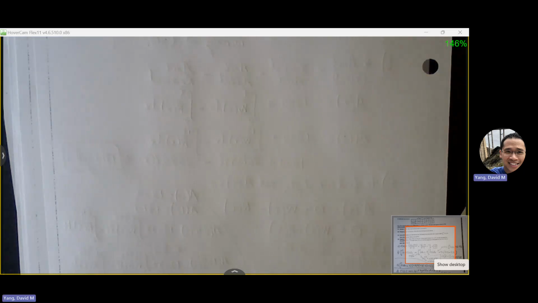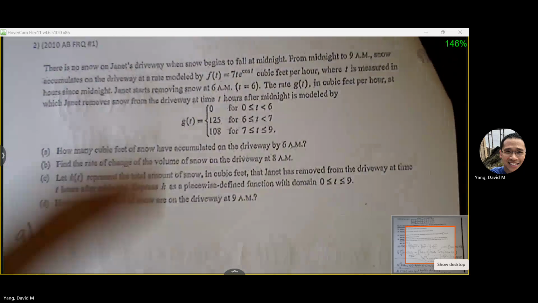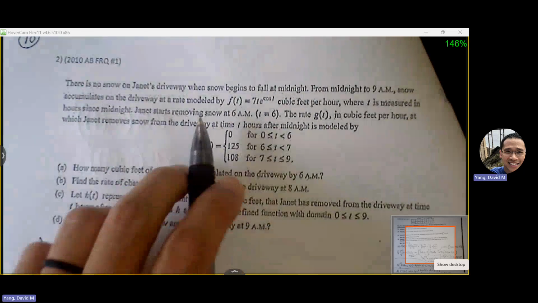All right, number 10, page 10. There's no snow on Janet's driveway when snow begins to fall at midnight.